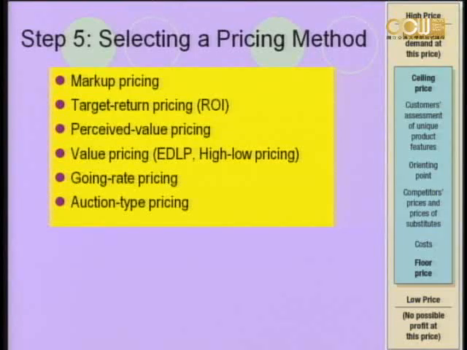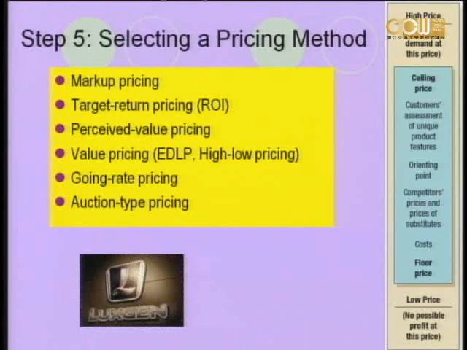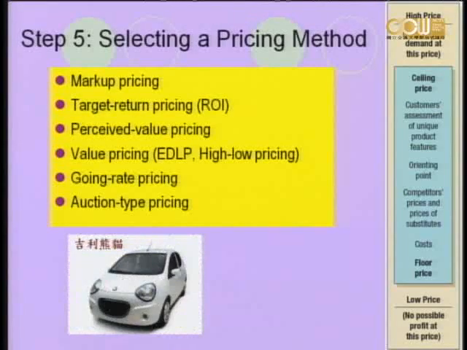This comes from the consumer, this comes from the retailer, this comes from the competitor. You can see that everything is different. These are common competitor methods. Going rate means that whatever the competitor charges, I charge. And auction type is another one. This is coming to Taiwan, you know that?